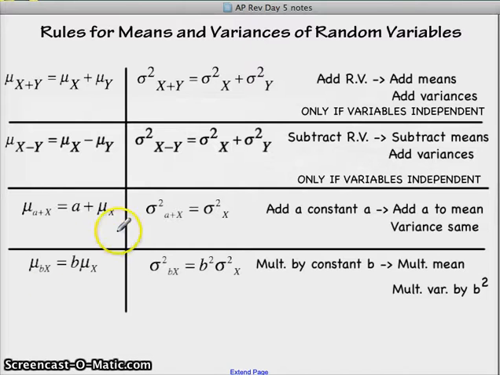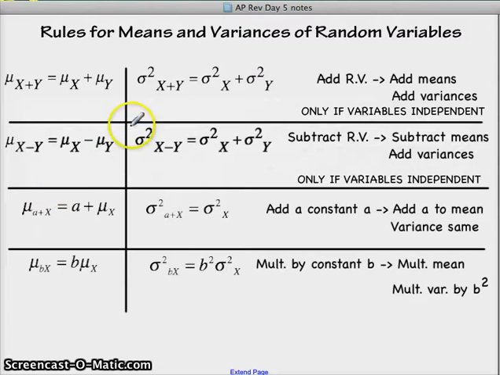Okay, random variables. This was that whole delicious dogs worksheet. So what this is saying is if I want to add the means of two random variables together, I take the mean of one plus the mean of the other. I can just add them up. If I want to subtract two random variables, I can subtract their means.